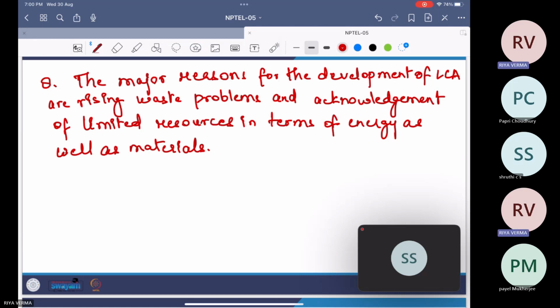Shall I repeat the statement? The major reasons for the development of LCA are rising waste problems and acknowledgement of limited resources in terms of energy as well as materials. So, this will be true or false? Anyone?